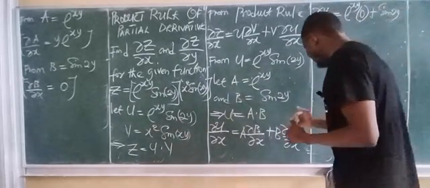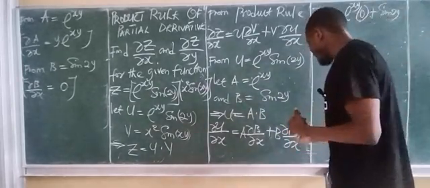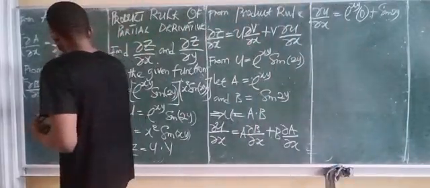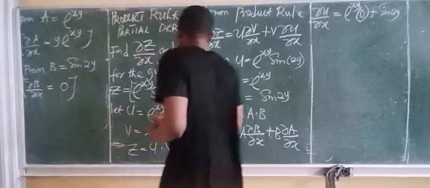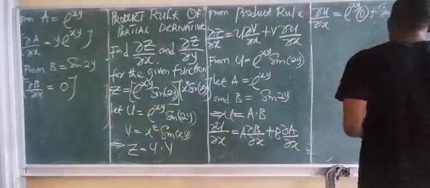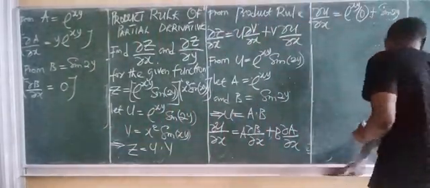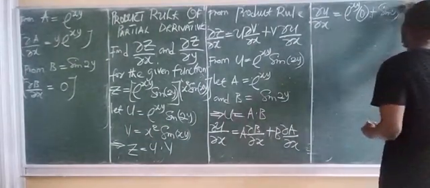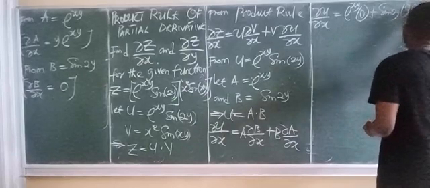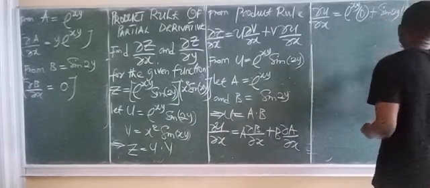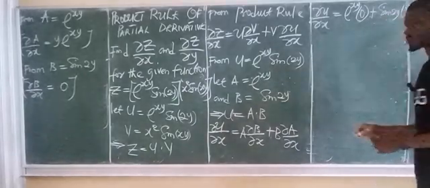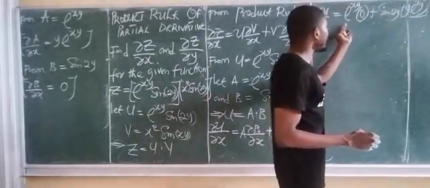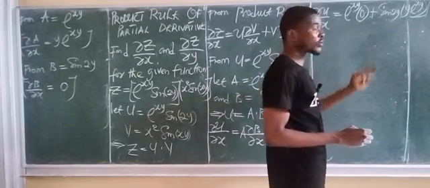And then you differentiate a with respect to x, and partial derivative of a with respect to x simply gave us what? y exponential xy. So multiply this by simply y exponential xy. So we'll have this. Of course, you know now that exponential xy multiplied by 0 automatically becomes 0.